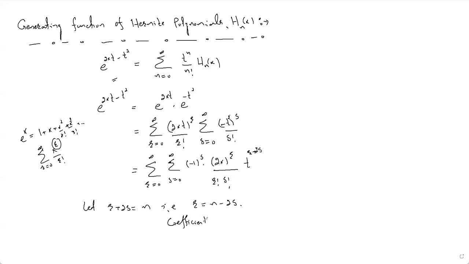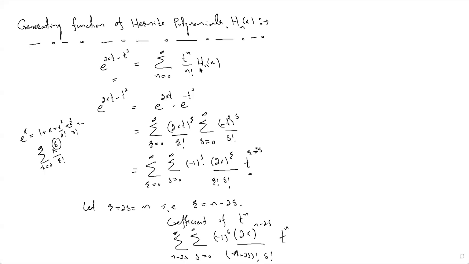Because r plus 2s becomes n, it will be the summation over s running from 0 up to infinity of minus 1 raised to power s, 2x raised to power n minus 2s, divided by n minus 2s factorial, then s factorial, and t raised to power n, because we are making r plus 2s equal to n.